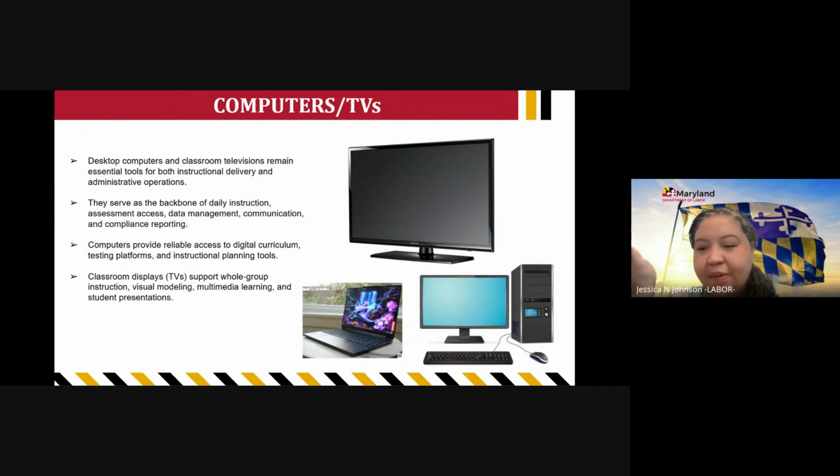Of course, we use the computers just for our regular communication with each other. Email, this is where all of our teacher leaders and our school-based leaders do their compliance reporting on their check-in documents and make those cool dashboards that we saw in our first slide. Our digital curriculum is available on here, as well as our testing platforms, which for us is TABE and GED.